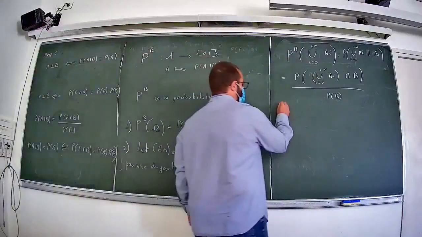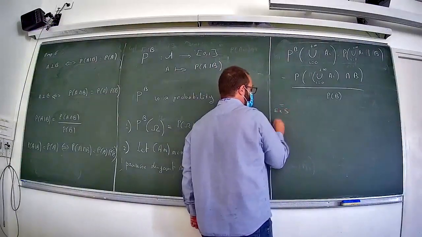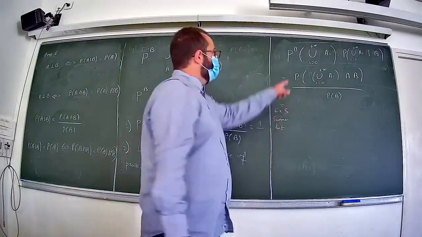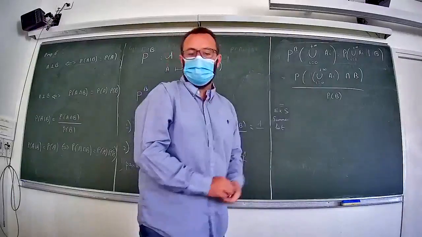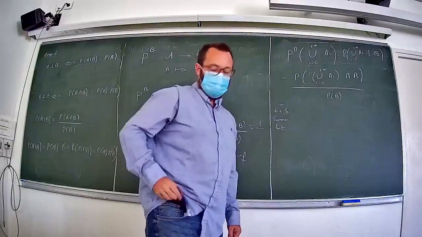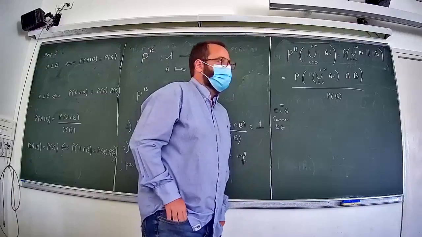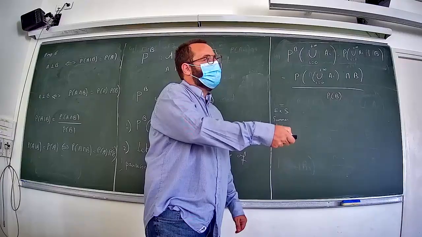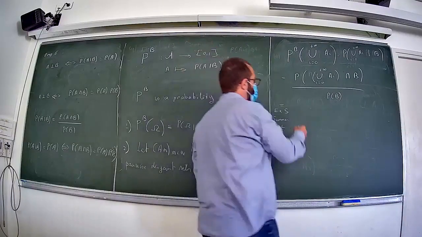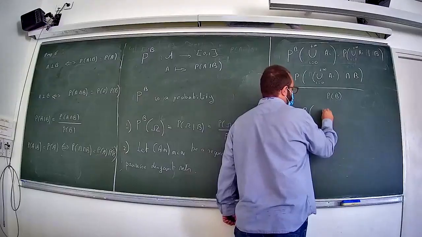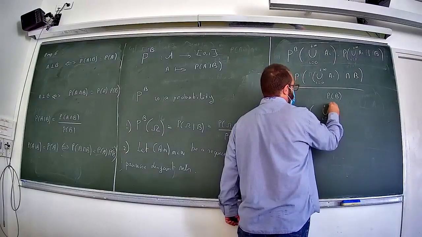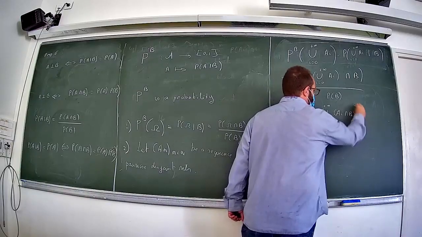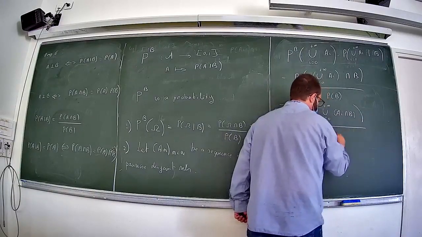So using exercise 5 of the summary list, the first probability, I use this one here. It's the probability of the union from i equal to 0 to plus infinity of A_i intersected with B, over P(B).